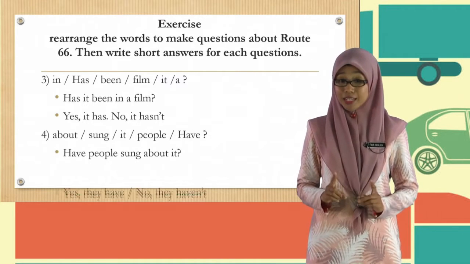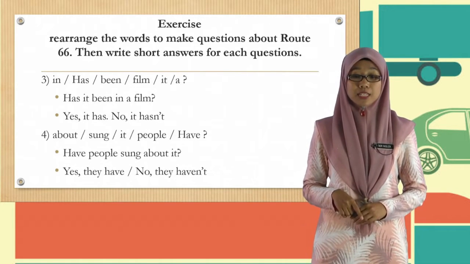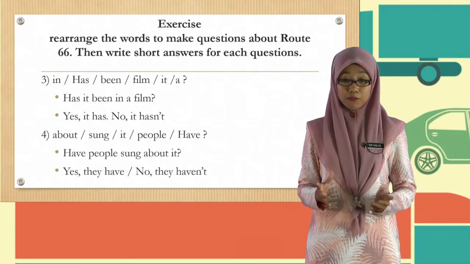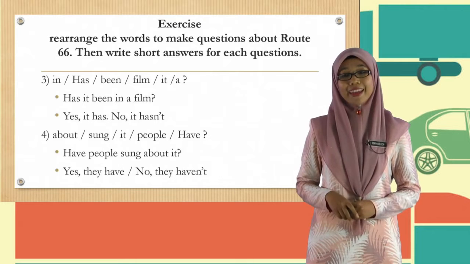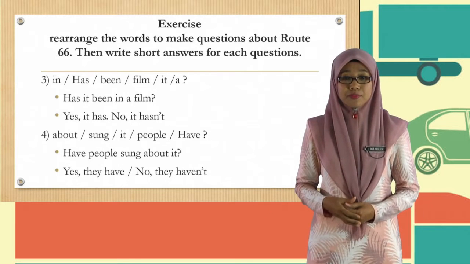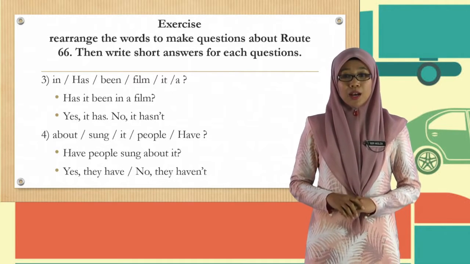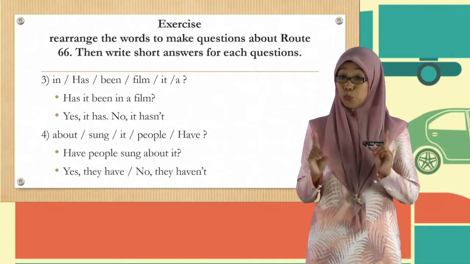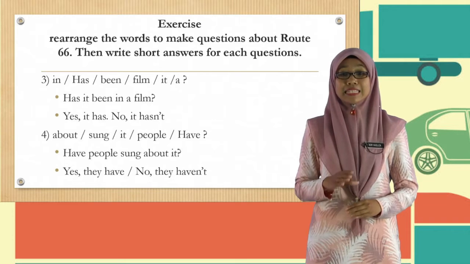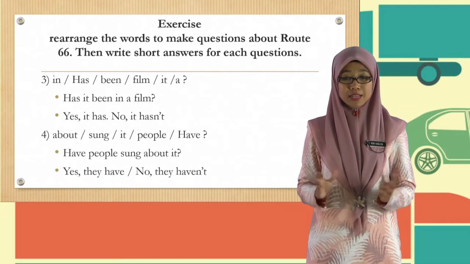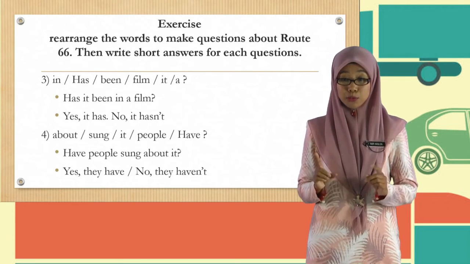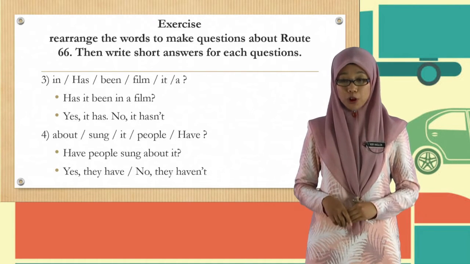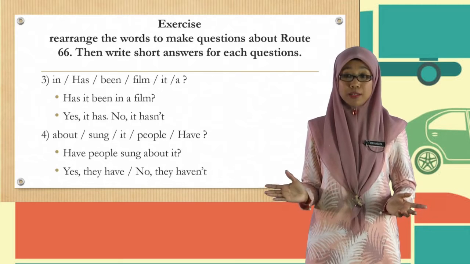You can give a short answer for this question, either yes, they have, or no, they haven't. But I want to highlight something here. We can contract the negative short answers, such as has not will become hasn't, and have not will become haven't.